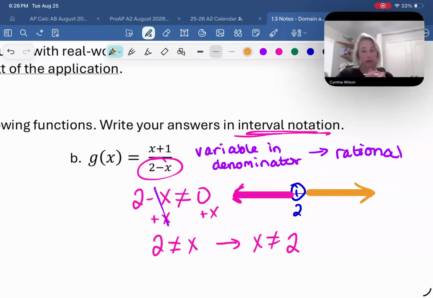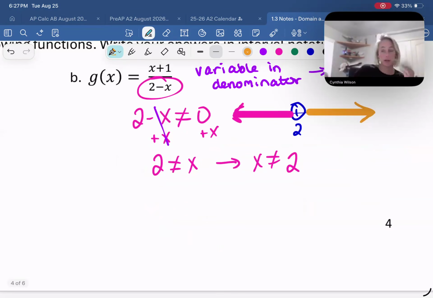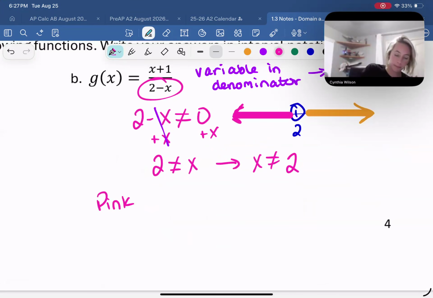I use 2 different colors here for a reason. I have 2 separate intervals. I have pink and I have orange. They are 2 separate things. So if we're concentrating on just one interval, let's say we concentrate on the pink interval. The beginning of my pink interval was a left arrow.